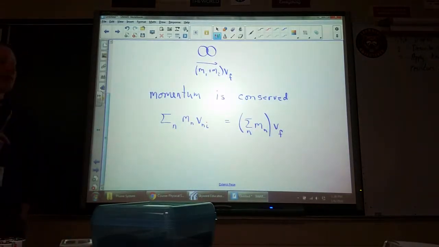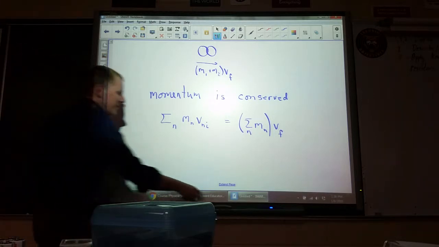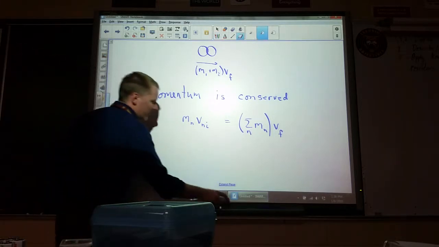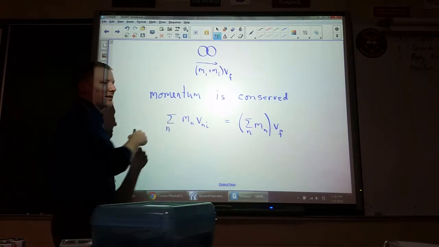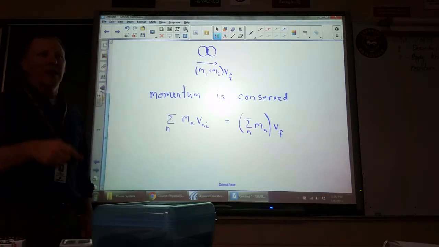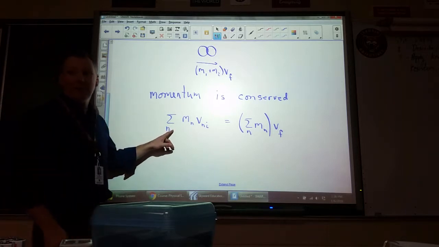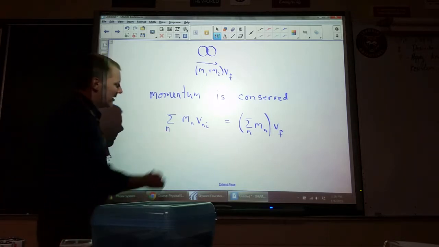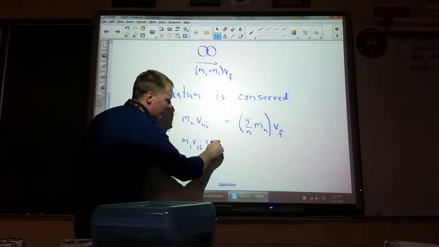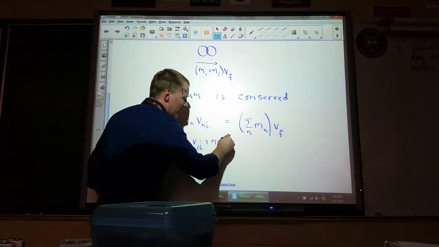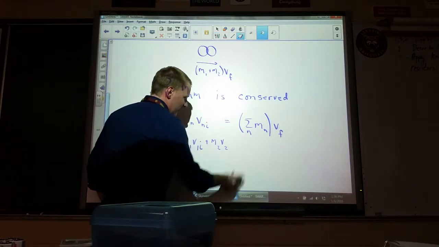And what is N? I don't practice my math enough. N is just the iterative thing. So it's 1, 2, 3, 4, 5, however many you have. And so this would be M1 V1 initial plus M2 V2 initial and so forth.